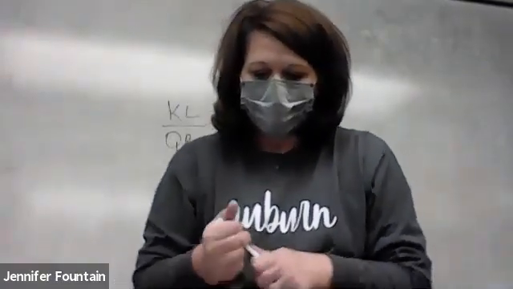So let's go ahead and look at number 2. Decide whether the figures are similar and explain your reasoning. I can see that I've got 2 rectangles, and let's take a look, okay?